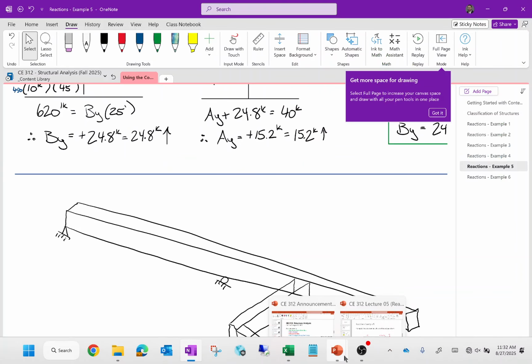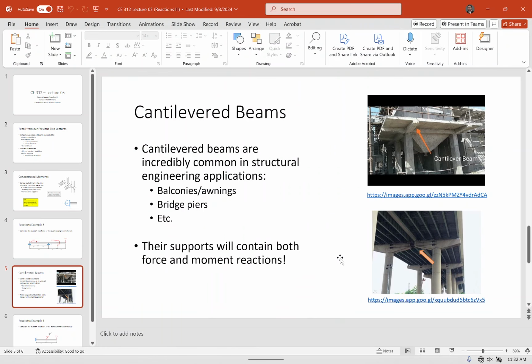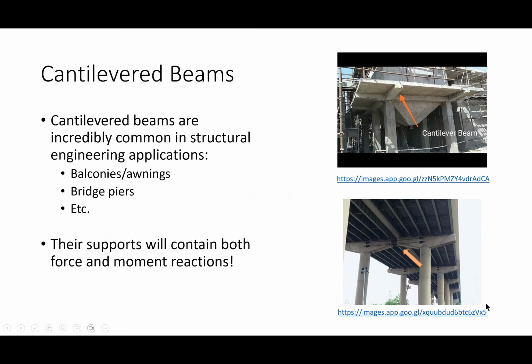All right, so let me go back here. Okay, so the one place where you really are going to get concentrated moments very frequently in civil engineering contexts is with cantilevers, okay? So any time that you have an element that's jutting out in space, there's usually a concentrated moment right here at this support that the structure has to be able to withstand.